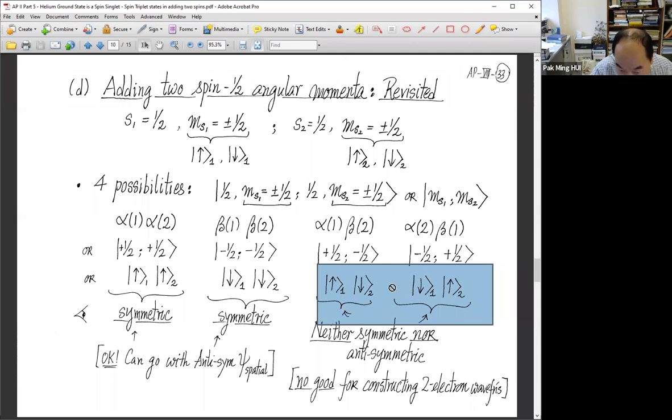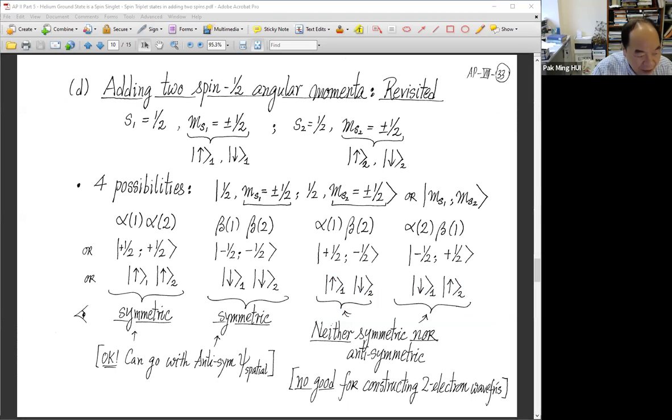If I use a minus linear combination, that will be the S equals 0, MS equals 0. But what happened to the triplet state? So that is the question now. There should be 3 of them, right? Because S is 1, MS is 1, 0, minus 1.